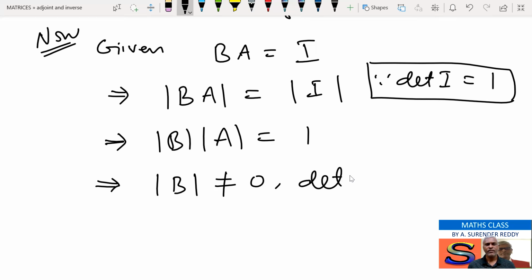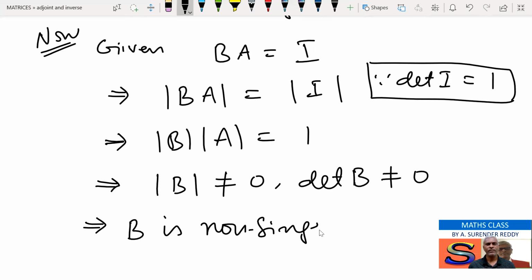That is det B is not equal to 0. So this implies B is also a non-singular matrix. Both are non-singular matrices.